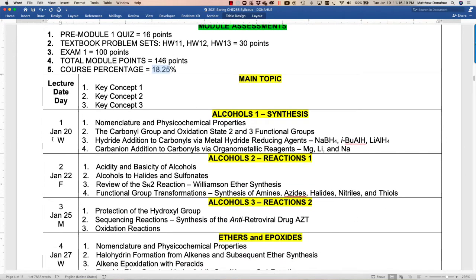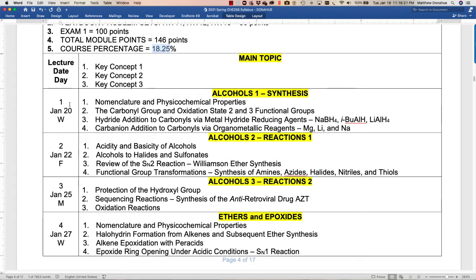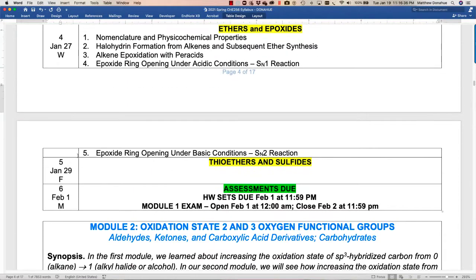And these dates here, again, since we are online, we are not meeting on these dates. These are really meant for you to pace yourself through the material in these chapters so that when you get to the end of the module, the assessments are due.